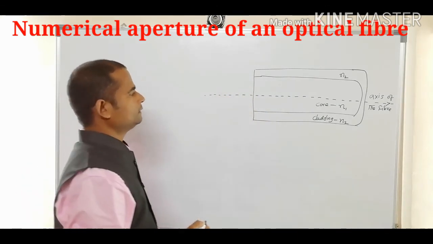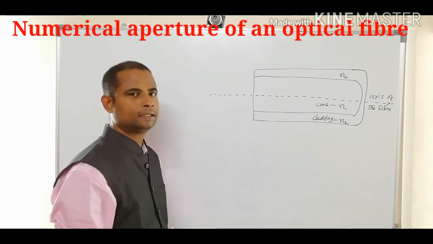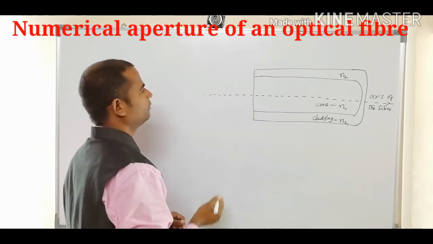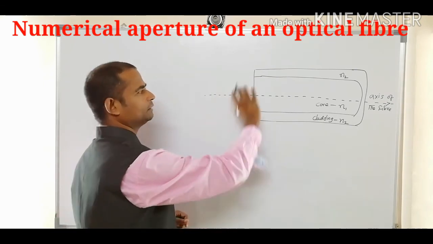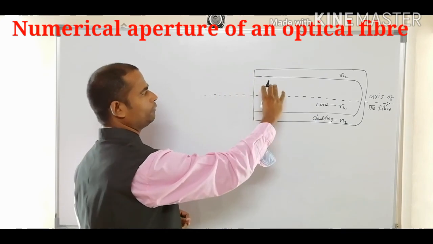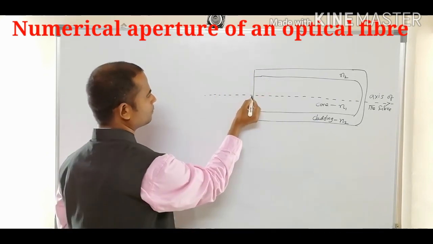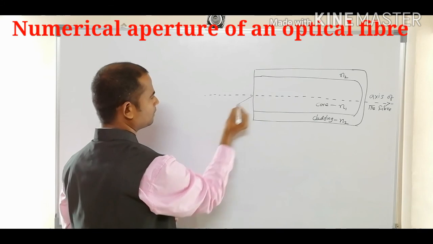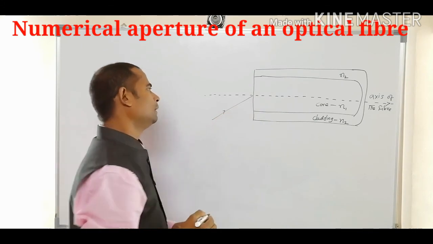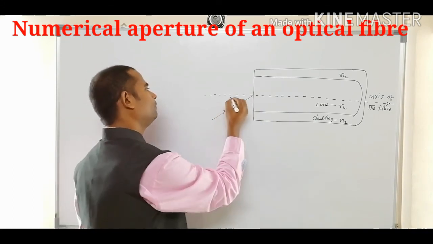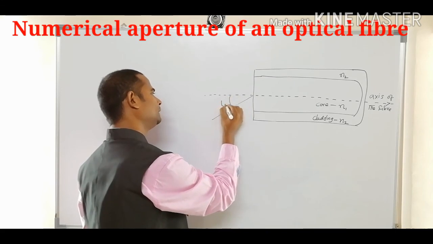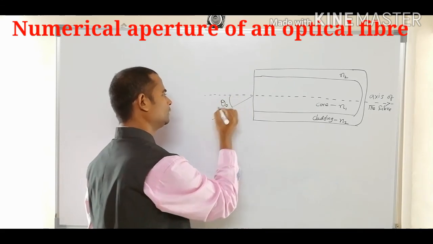Let's consider a ray of light incident from the outside medium to the fiber, at an arbitrary angle. Let's take this angle as theta naught.